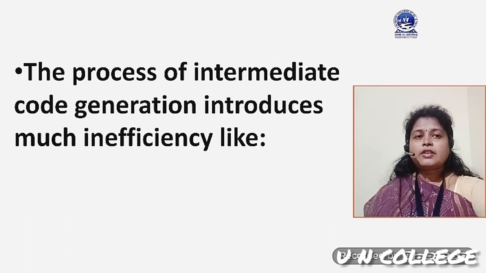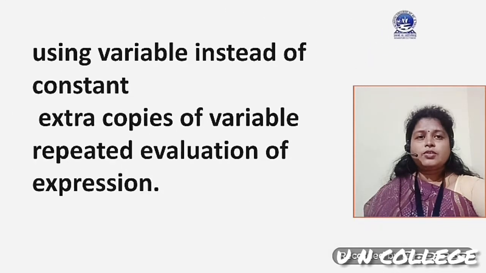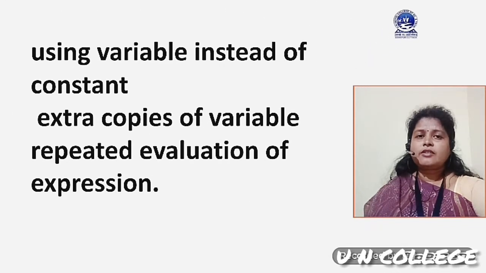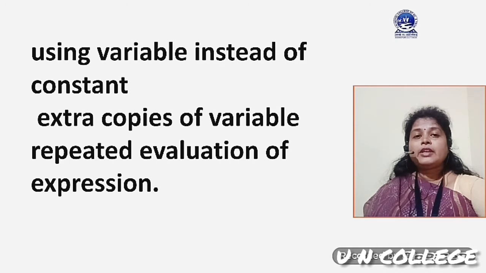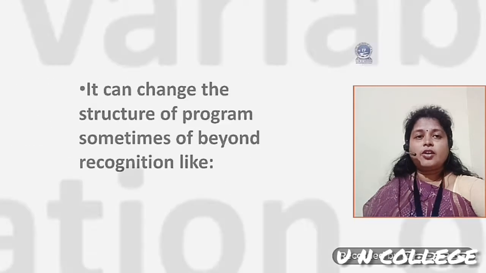The process of intermediate code generation introduces much inefficiency, like using a variable instead of a constant, extra copies of variables, repeated evaluation of expressions, etc. By implementing machine independent code optimization, we can eliminate all those drawbacks.